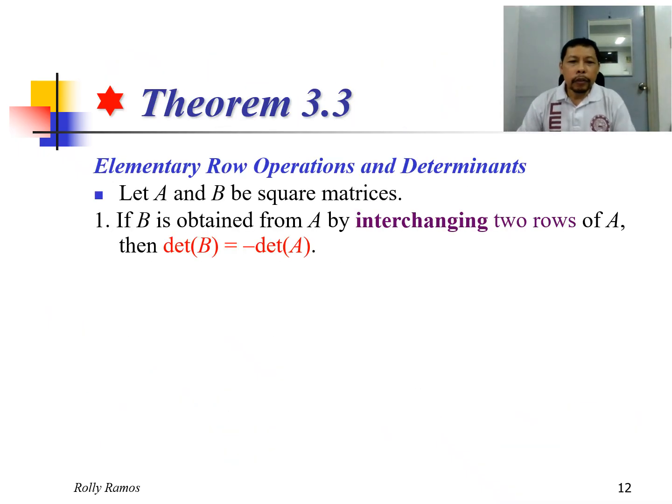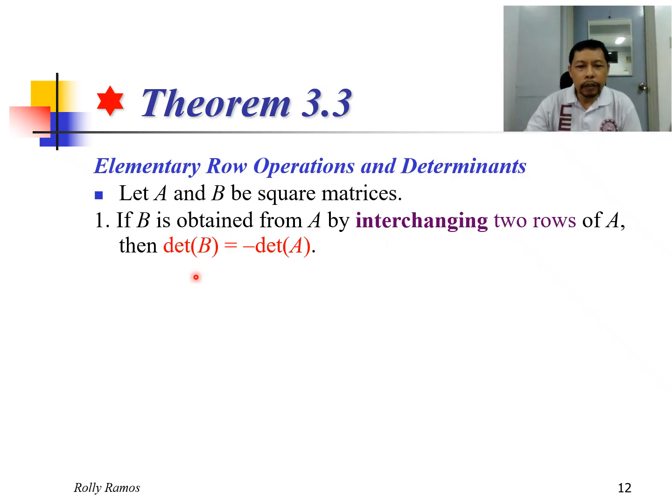So according to this theorem, if we let A and B be two square matrices, if B is obtained from A by interchanging two rows of A, then the determinant of B is equal to the negative determinant of A. This is one of the elementary row operations that we could use to transform a matrix into echelon form.